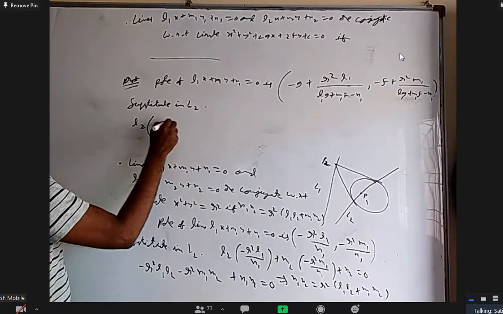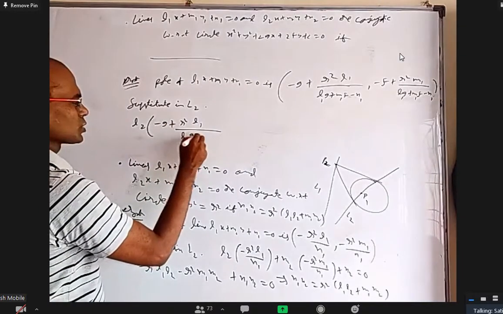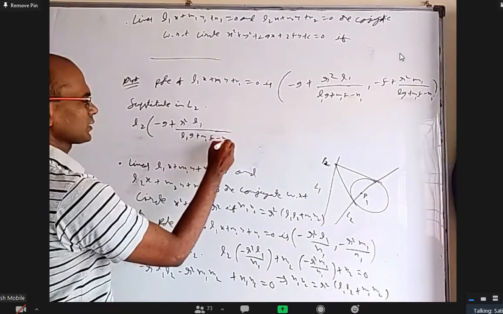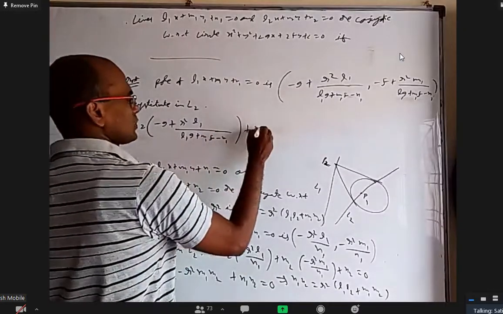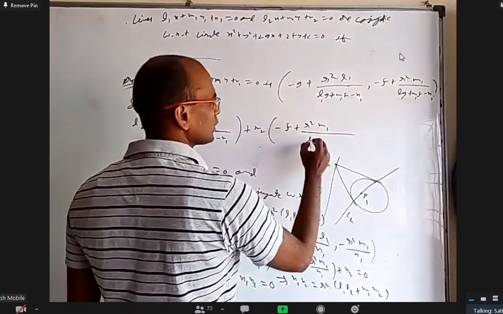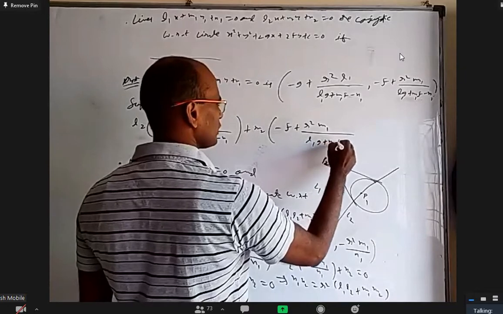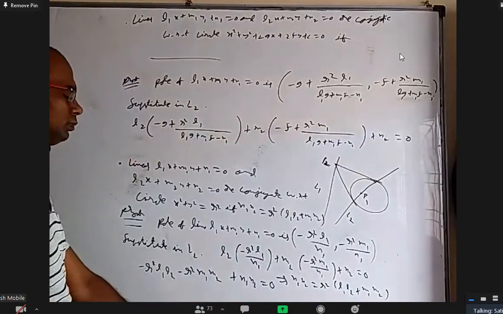L2 into (minus g plus r square L1 by (L1g plus M1f minus N1)) plus M2 into (minus f plus r square M1 by (L1g plus M1f minus N1)) plus N2 equal to 0.